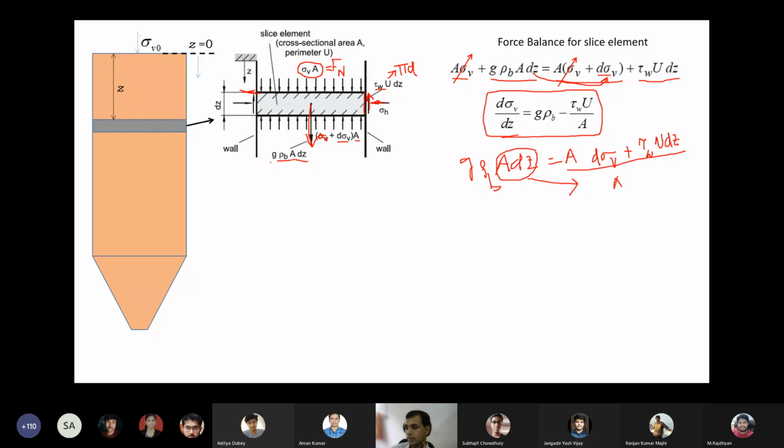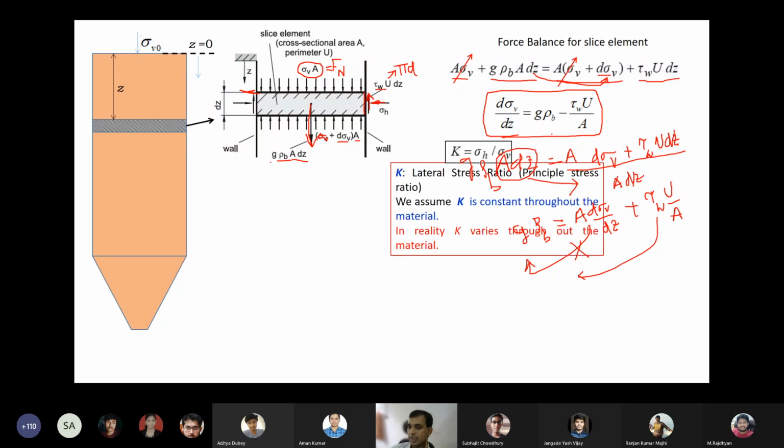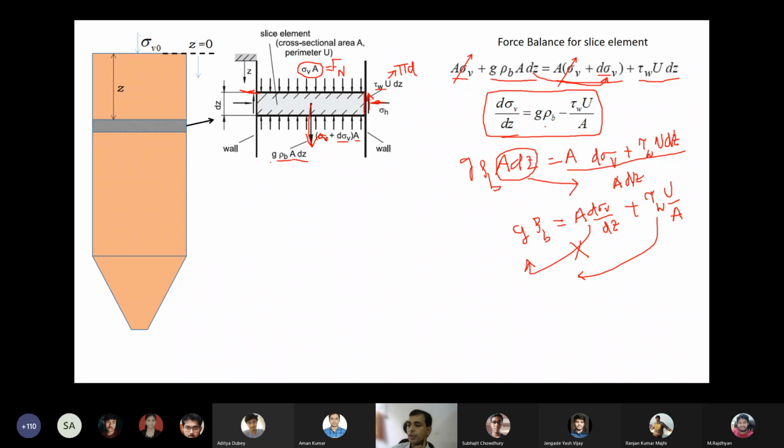So we have U by A tau W equal to G into rho V minus d sigma V by dz. If we turn this, we will get it this way.